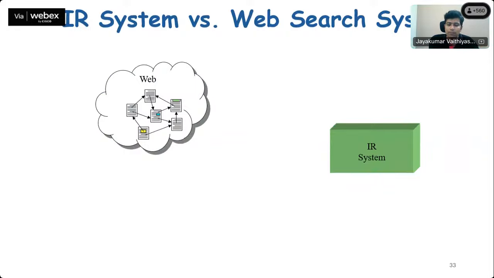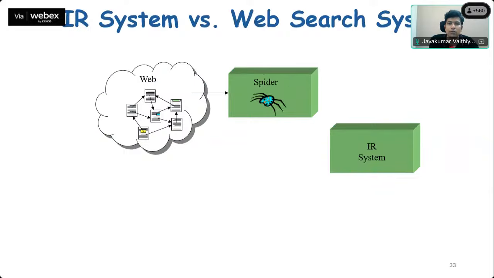So what actually happens at the back end of Google? They have a program called a Spider. This Spider will travel between each and every web page, the same way it travels along each and every web page. It will gather the information and create a document corpus like an index, right?